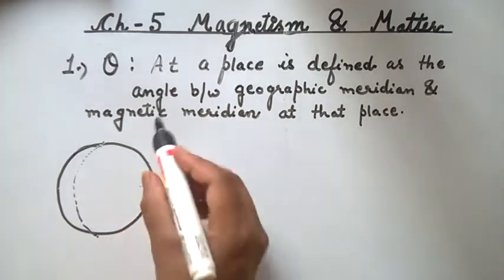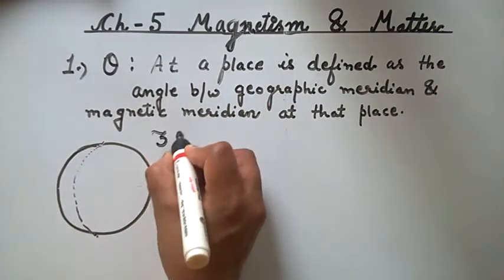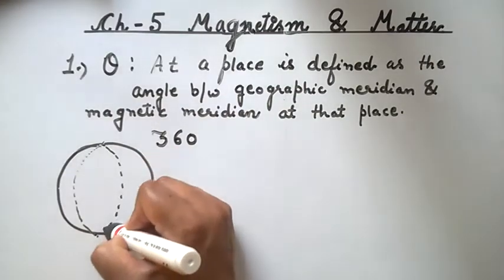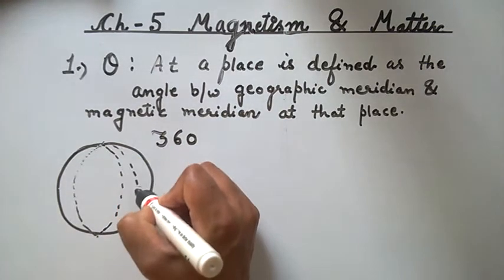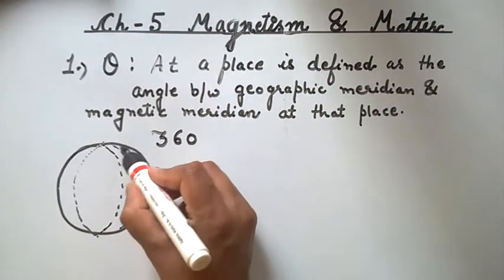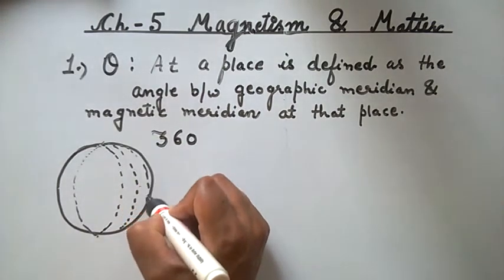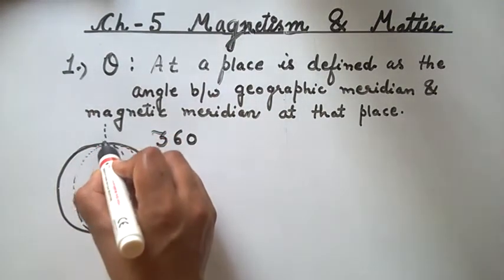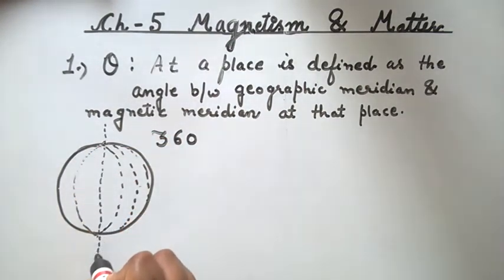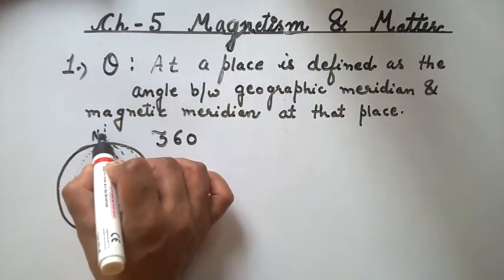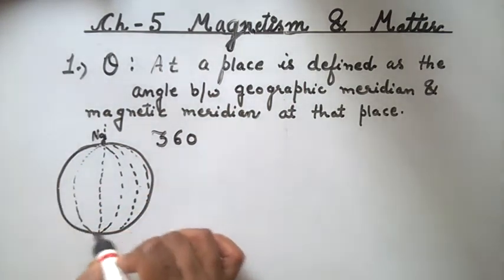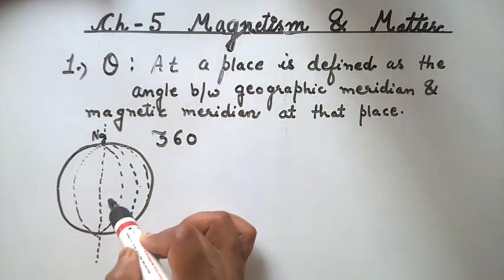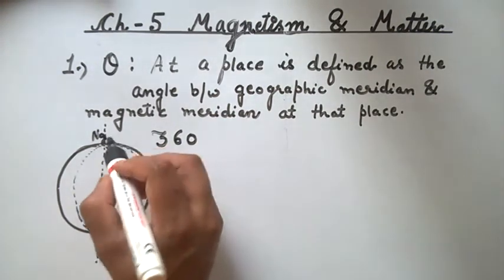There are total 360 longitudes, and these are imaginary circles. Each circle is rotating about the axis of rotation, that is geographic axis, and all longitudes have a common diameter, that is axis of rotation.